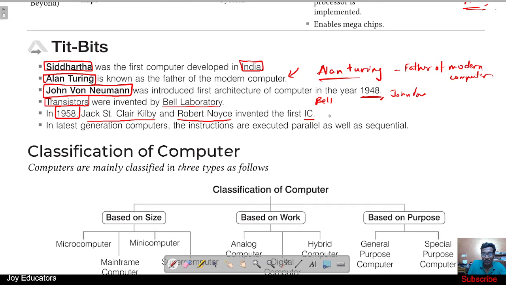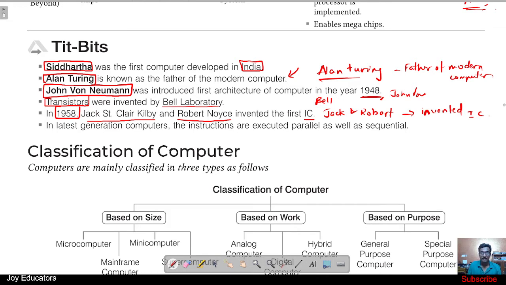Who are those two? Jack and Robert. Can you write it down? What is the full form of IC?